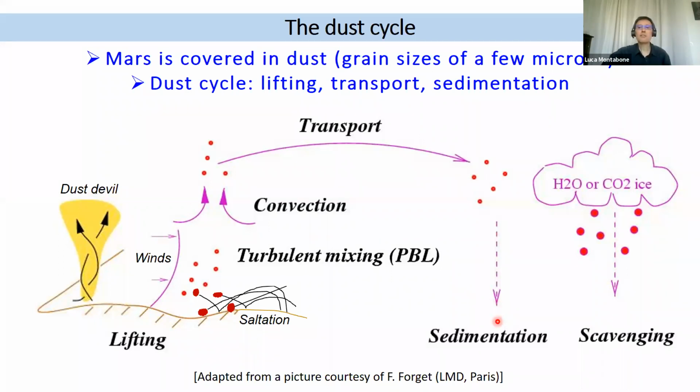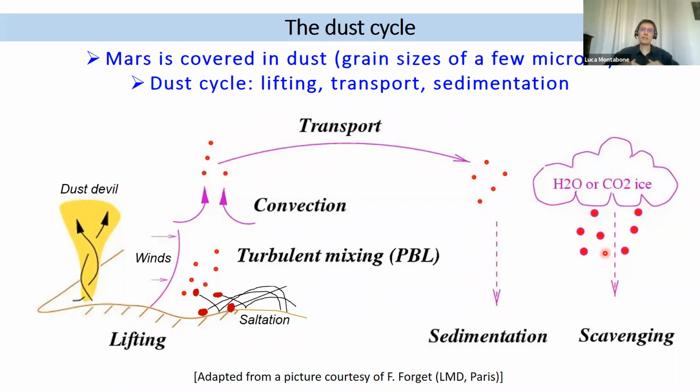Another phenomenon is related to the presence of water or carbon dioxide ice that can form around these dust particles in the atmosphere. These dust particles can act as condensation nuclei for the ices. The ices grow on these dust particles, and this is called scavenging, because the dust particles are scavenged by the formation of ice around them, and then they are taken off the atmosphere.